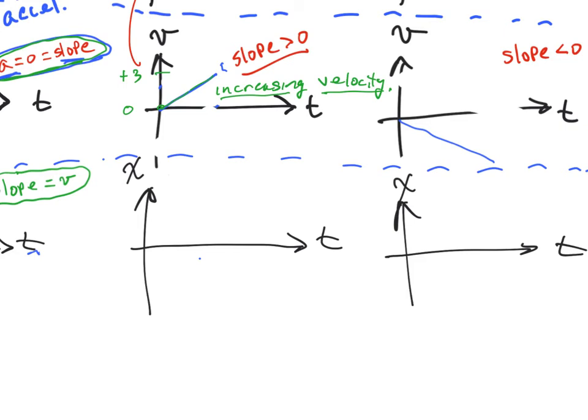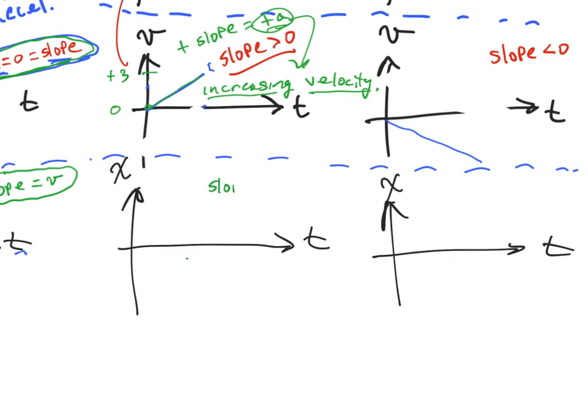Sorry, since the slope is positive, I'm going to back up and say that this is a positive slope. Positive slope means positive acceleration. Positive acceleration means increasing velocity. So what does that mean? Well, if the velocity is increasing, that means the slope has to be increasing.